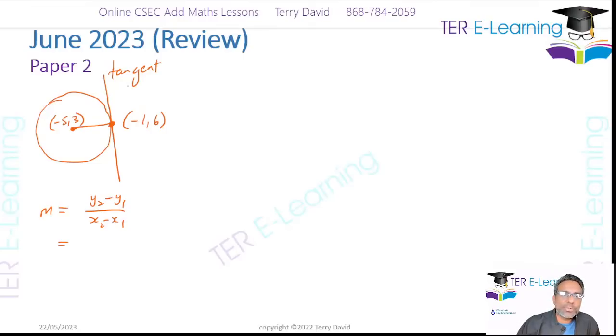So I'm just going to label it like this. Call this x1, y1. Call this x2, y2. So you just substitute it now into this formula. So this is going to be 6 minus 3 over minus 1 minus 5.